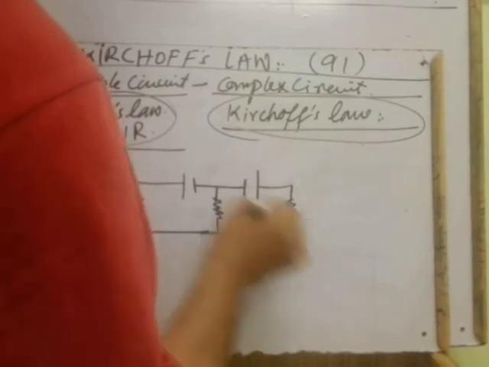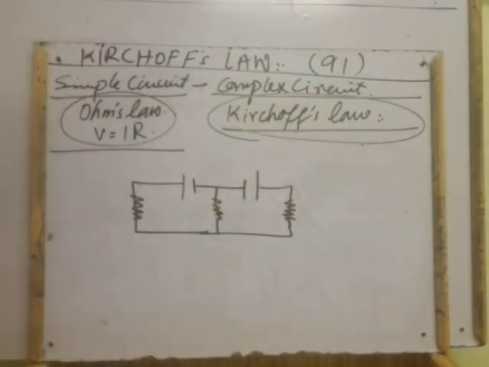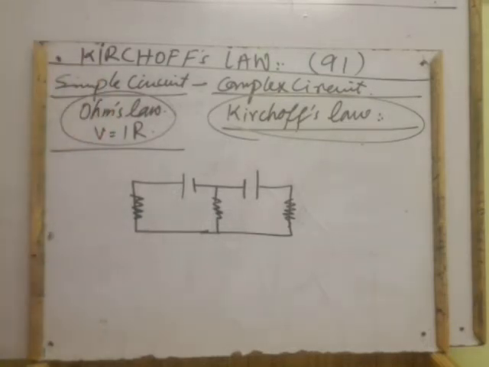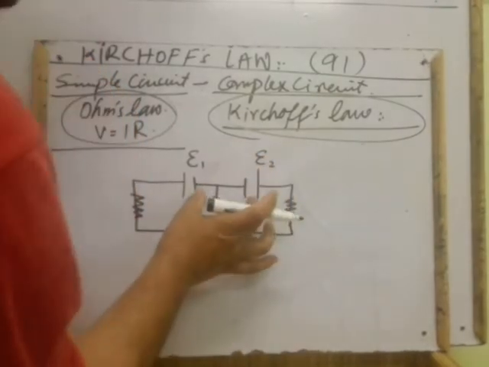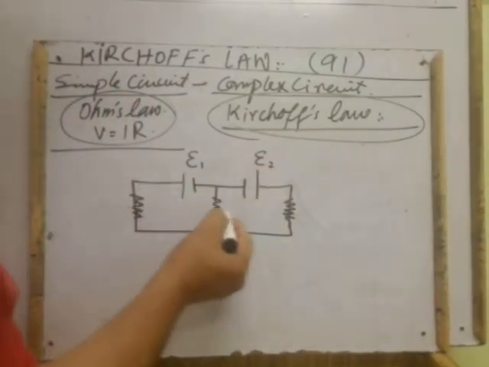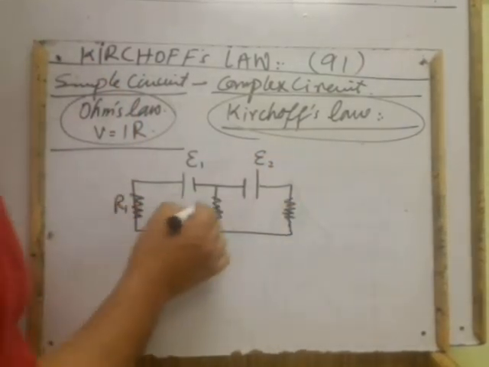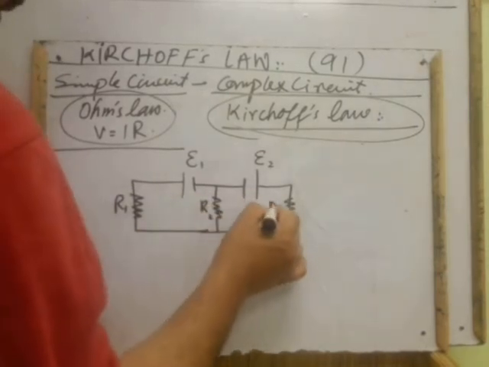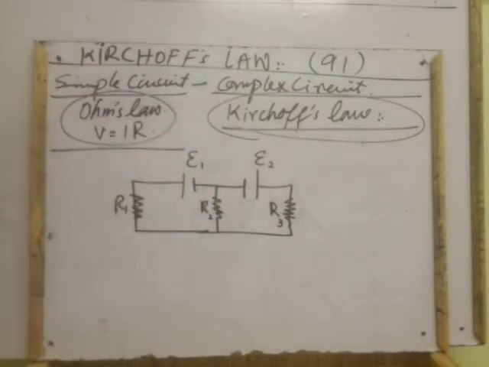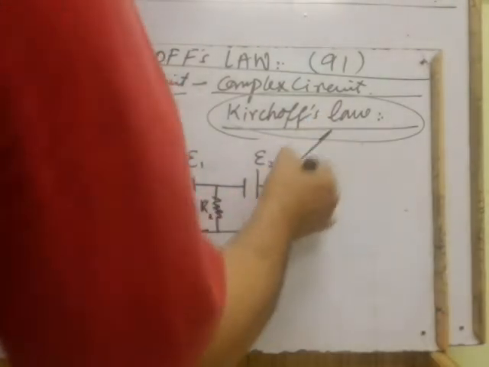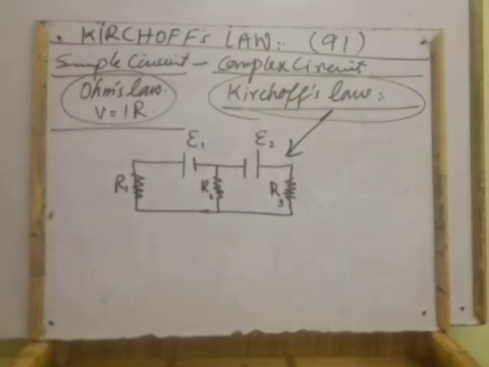Now, dear students, this is a complex circuit which has two EMFs, E1 and E2, two sources of energy, and three sinks of energy. This is R1, this is R2 and this is R3. So Ohm's law cannot be applied simply to solve this type of circuit. For that reason, we use Kirchhoff's laws.